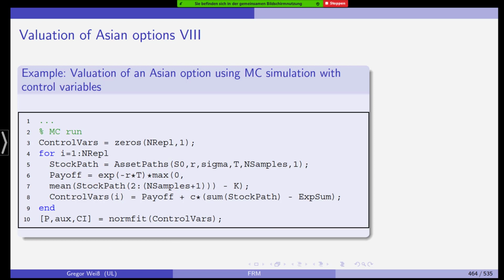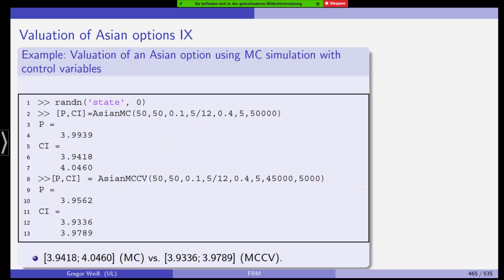And in this case, it's the mean of the stock path minus k, and the control vars is payoff x plus c times y minus the expectation of y, which is mu, all based from the previous first simulation. And then we fit a normal distribution to our variable control vars.